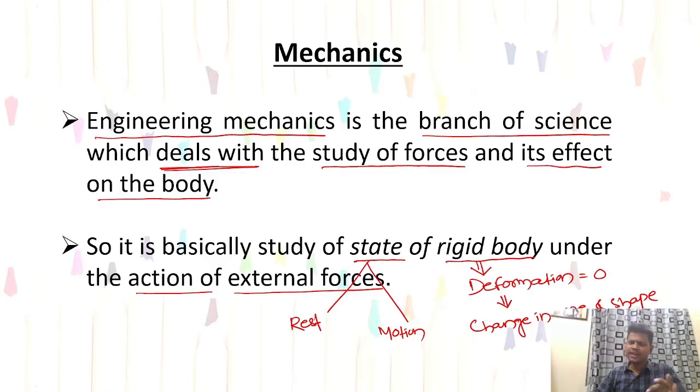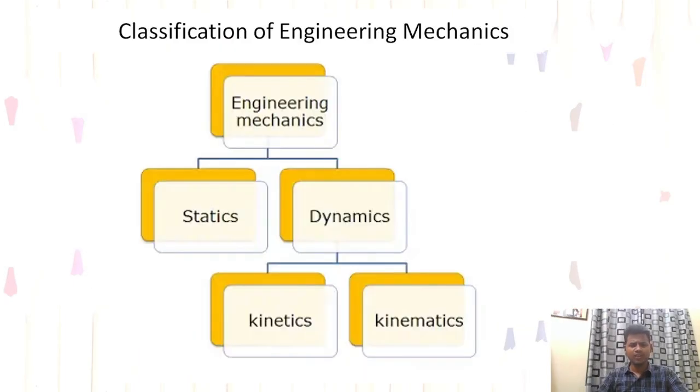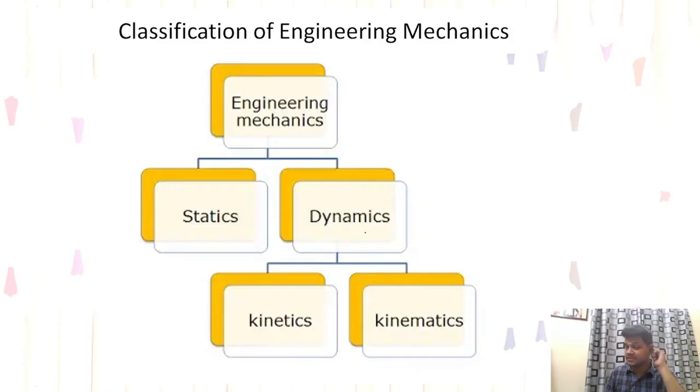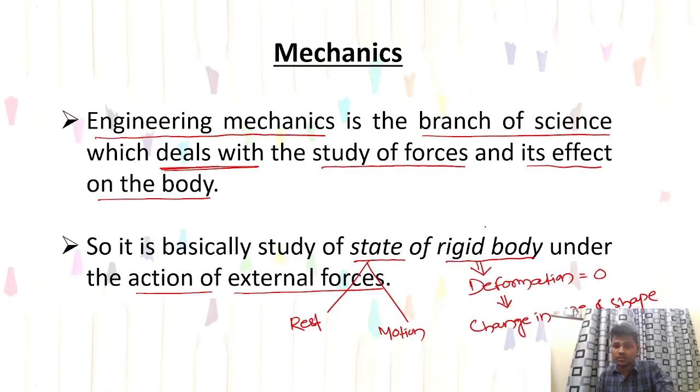Then let me classify the engineering mechanics. So basically engineering mechanics is two types: static and dynamic. That means, as I said, we'll study about the study of forces and its effect on the body.